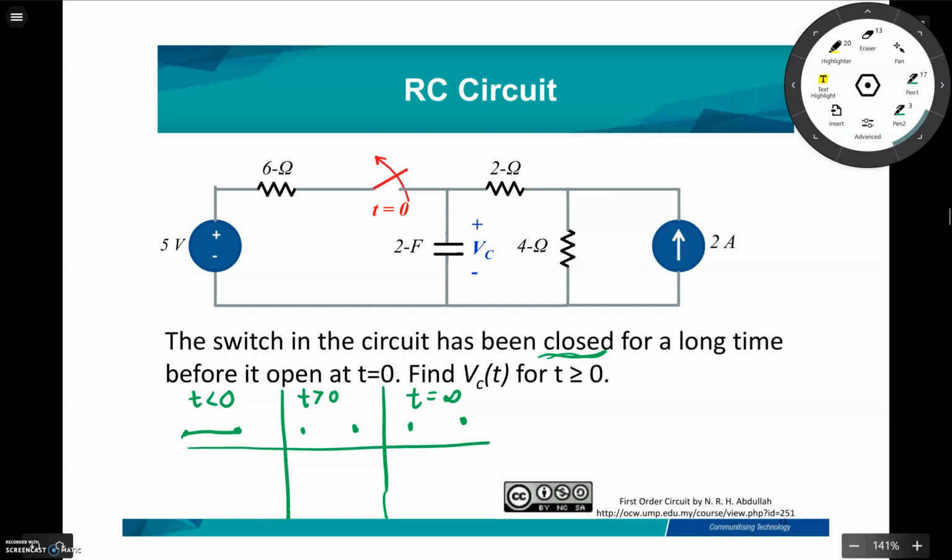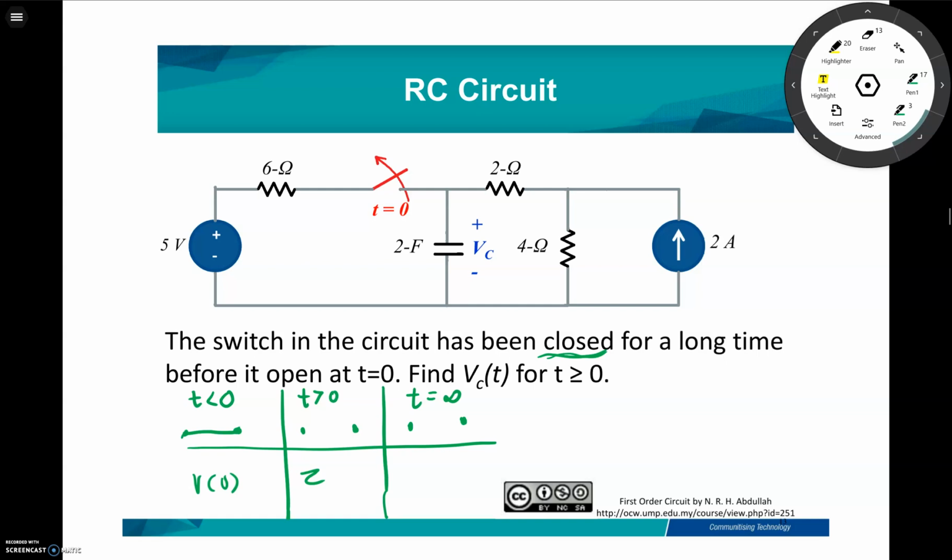So for the first area, which is t less than 0, what you can determine is the value of V naught. And then for t more than 0, the value of tau. In this area, there will be a source, which is when the circuit is open, and then the circuit will have a source, either voltage source or current source.